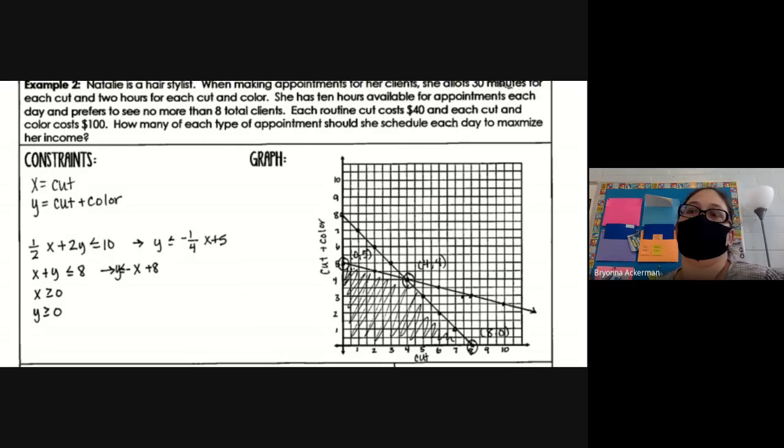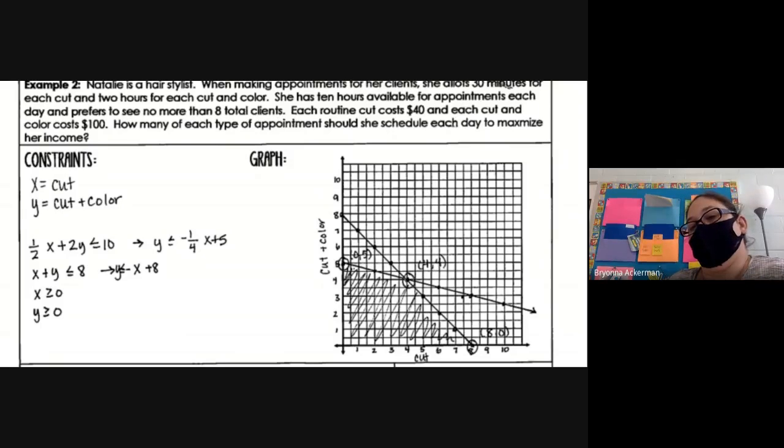Nope. How long did a cut take? Half an hour. If she can only have 8 customers, right? It's only 4 hours. So she's not maximizing her hours there. So that's a horrible idea. 8 total customers with just a cut, she's not going to make very good money there.